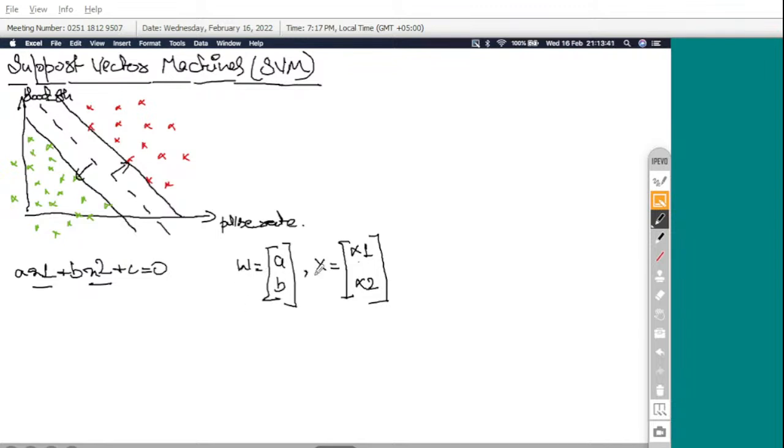Okay. Now, as per this, here we see two intercepts.